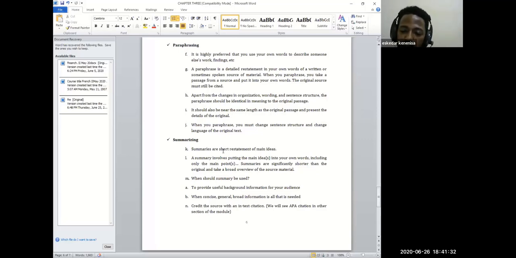You can simply jot down the main ideas of the author. It is different from a paraphrase in that it is shorter in detail, since its concern is to take the main ideas. You put it in your own words, like paraphrasing, and you make a shorter summary of the original work. In a summary, your task is to make an overview of the material.